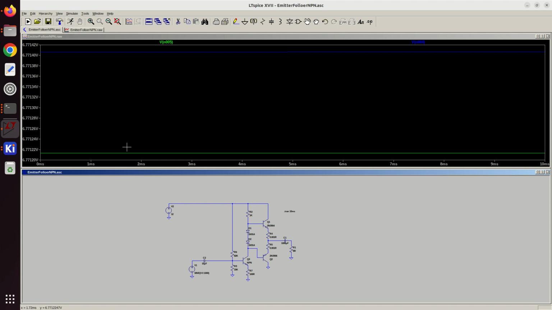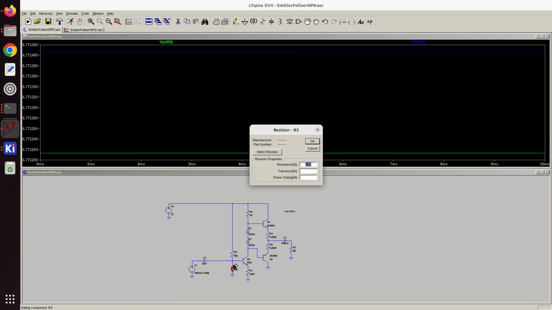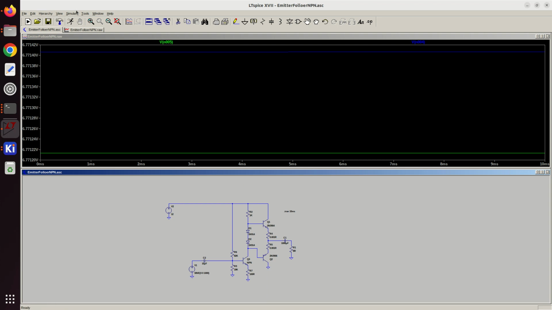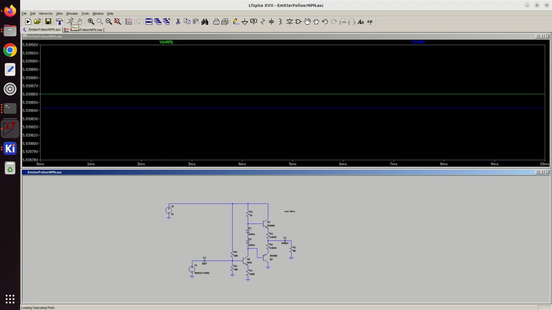Let's try 82 and 18 and see what that looks like. Yeah, so that's at 5.93, very close. We could keep playing with it, but we're maintaining approximately half the voltage here and half the voltage here, which is what we want.